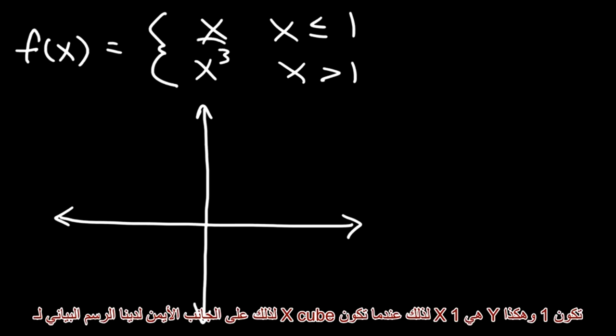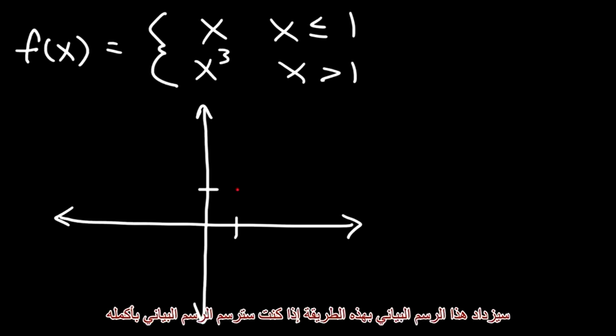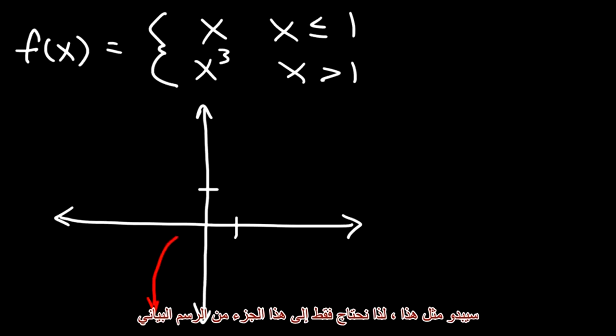So on the right side, we have the graph of x cubed. So when x is 1, y is 1. And so this graph is just going to increase like that. If you were to draw the whole graph, it would look something like this. So we only need this portion of the graph.